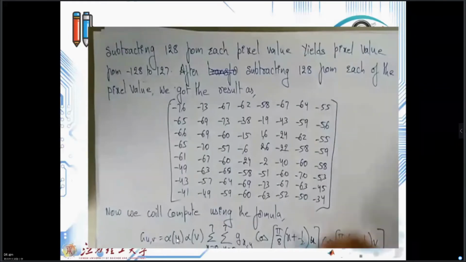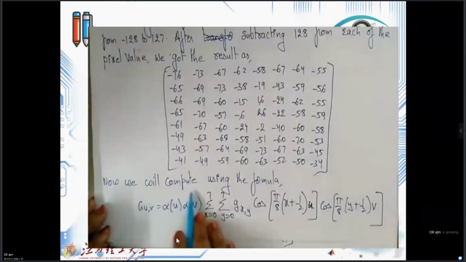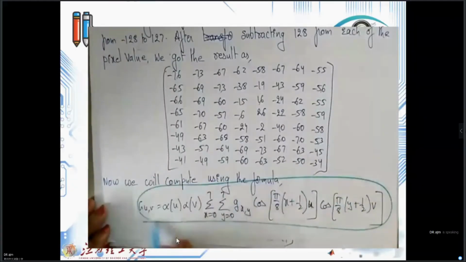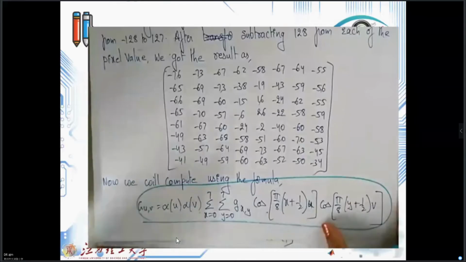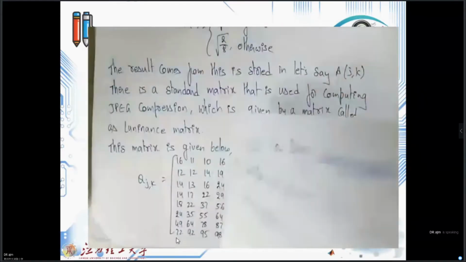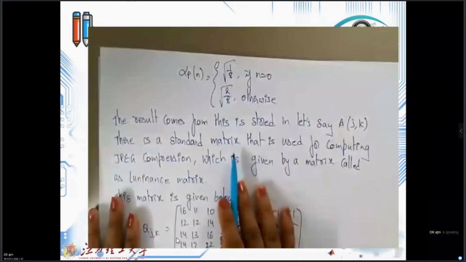Then we should complete the formula. This is the DCT formula that we reviewed. If we apply the formula to any of the elements, the results come, which will be stored.